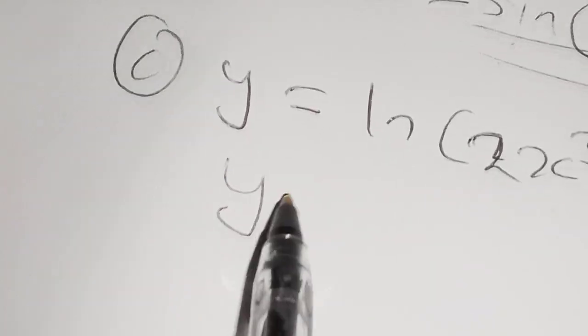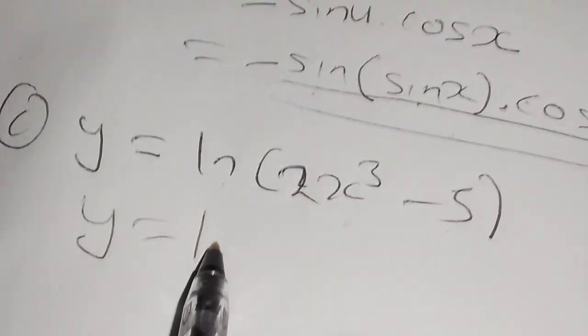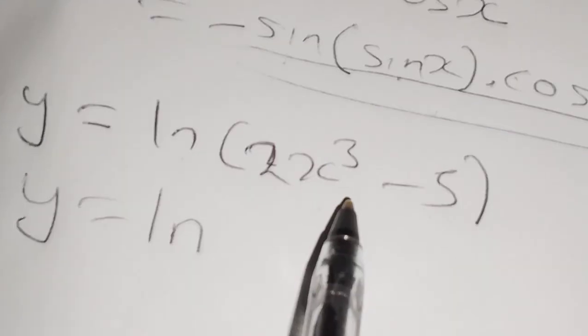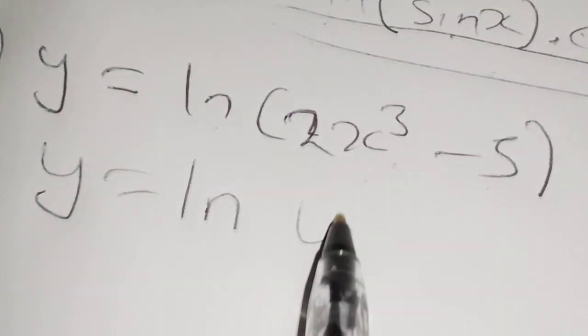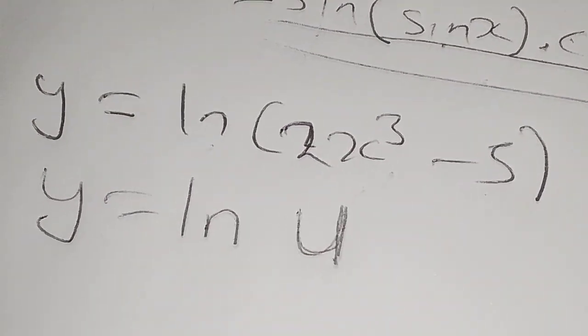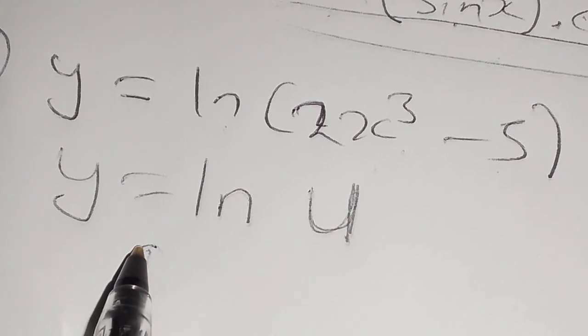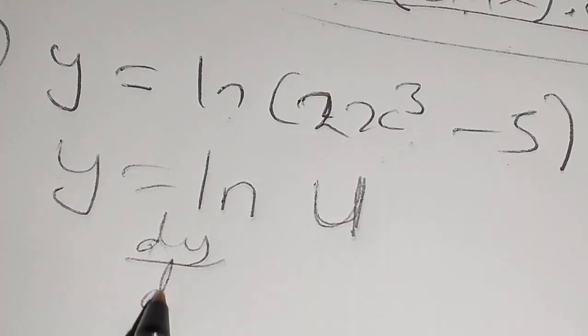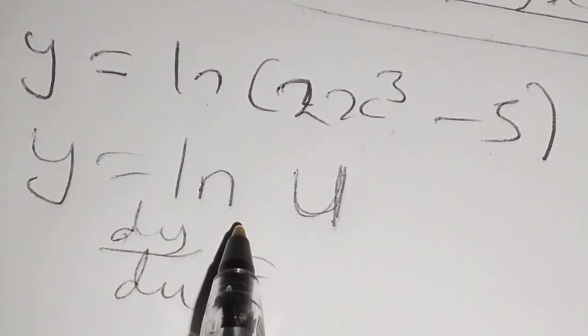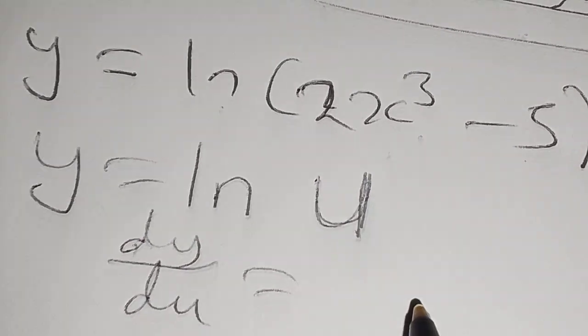Then we go back to here. So our y will be equal to ln u. So differentiation of this, dy over du, is equal to 1 over u, remember that the derivative of ln x is 1 over x.